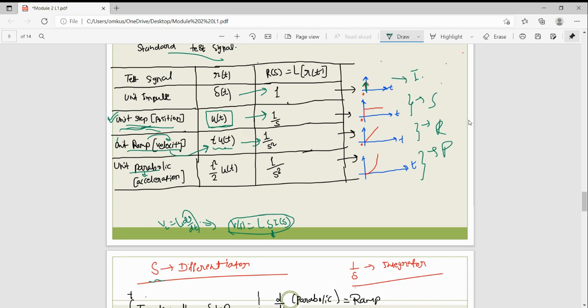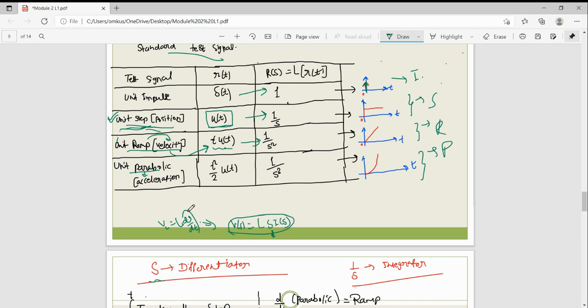So these are some standard signals by which you can find the Laplace transform of a signal. Now see, v of L is nothing but L di by dt. This is the voltage across the inductor, right? An inductor doesn't allow a sudden change in current, so this di by dt can be written in terms of the derivative factor in the Laplace domain, that is V of s is equal to L s I of s.